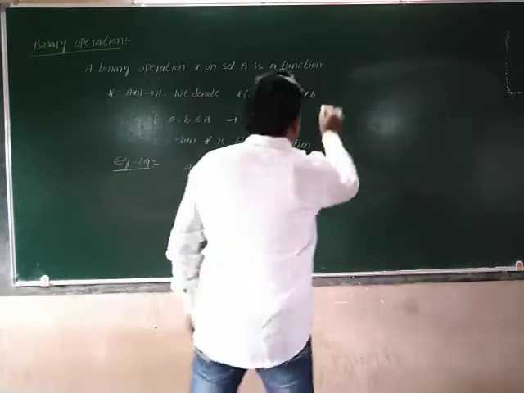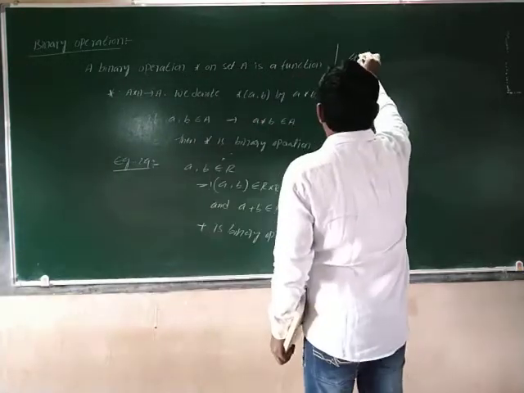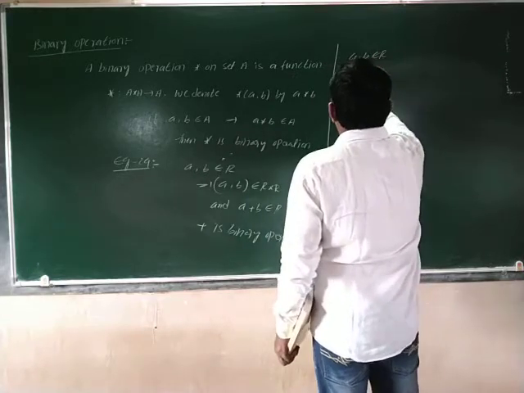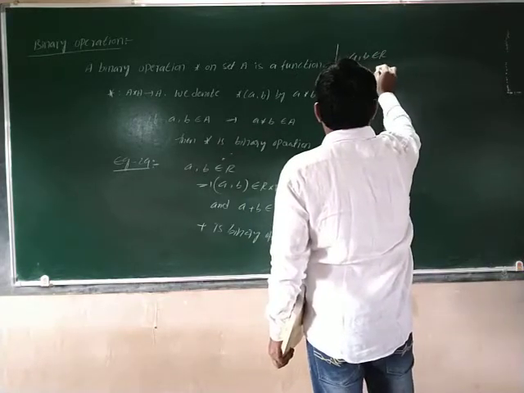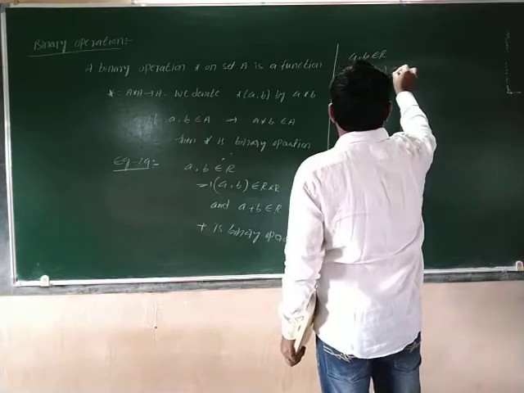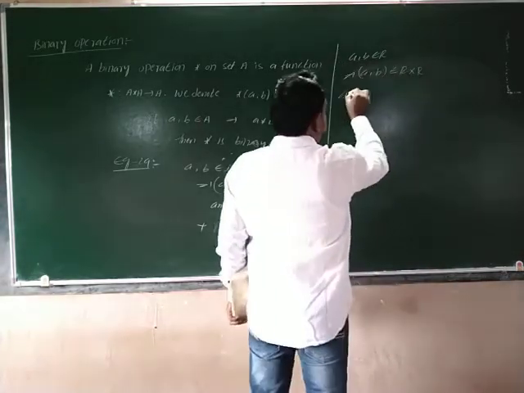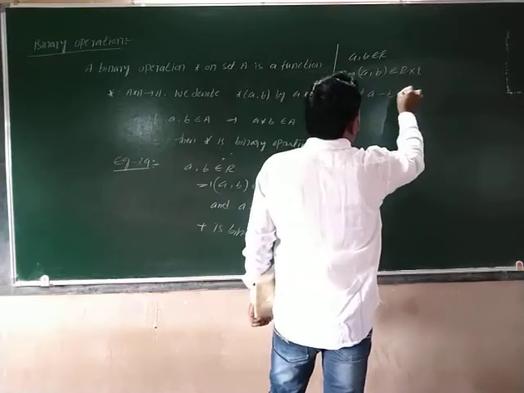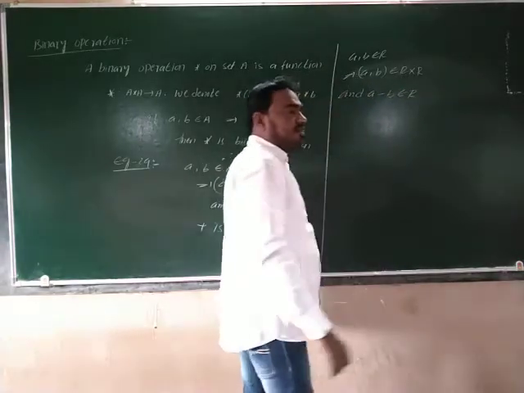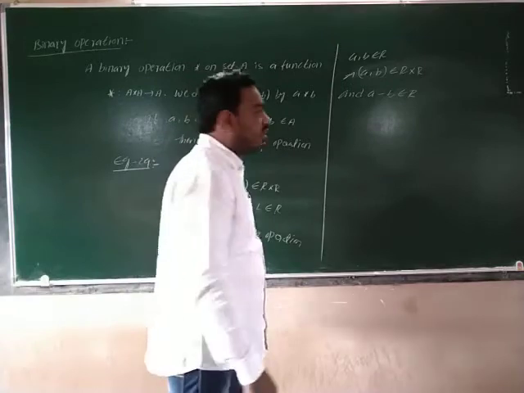Similarly, A comma B belongs to R, then the pair belongs to the Cartesian product R cross R, and A minus B also belongs to R. It depends upon the real numbers, which are always real.